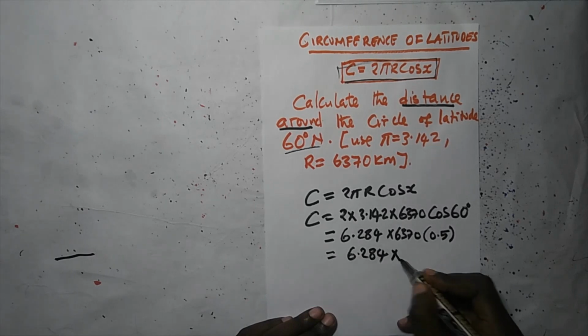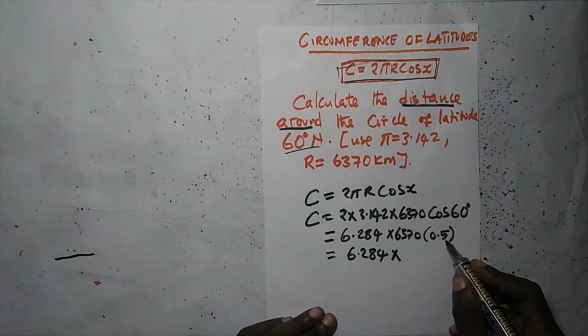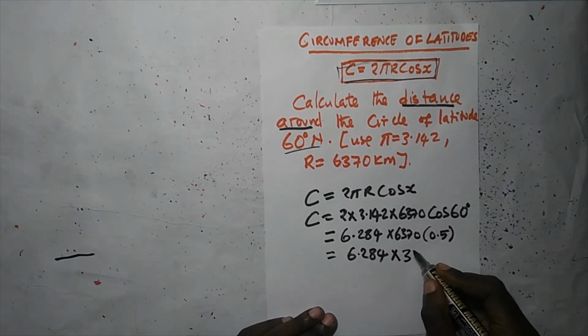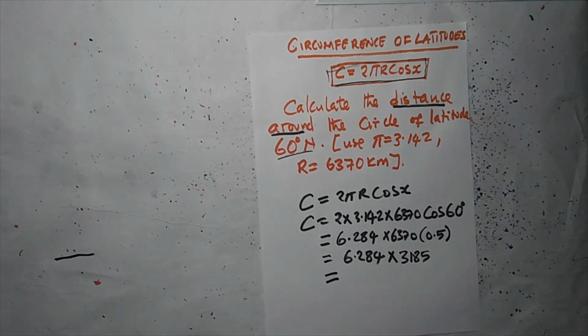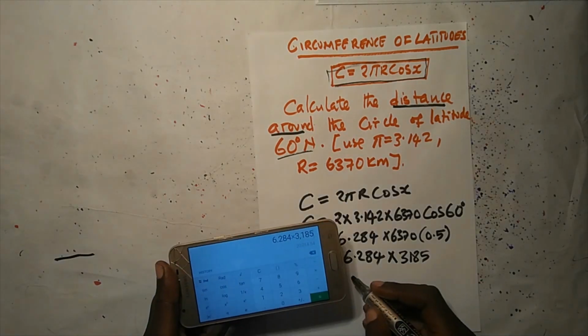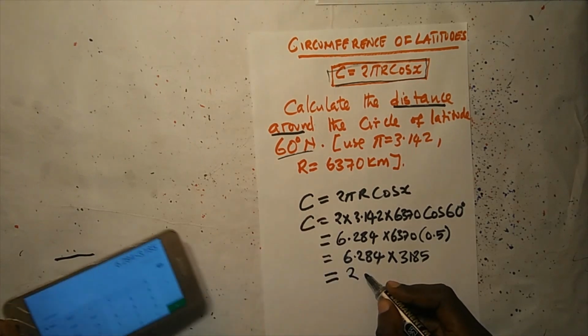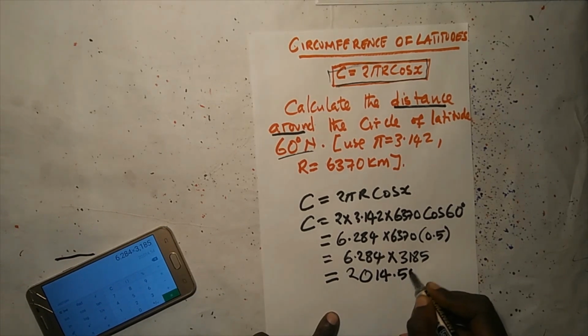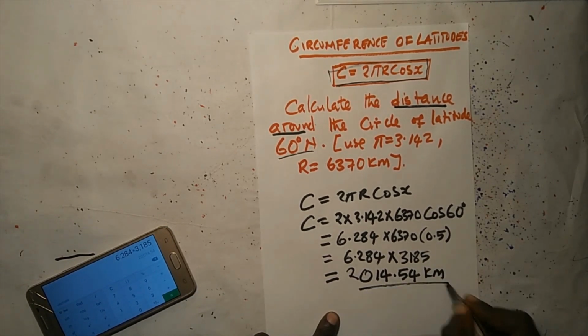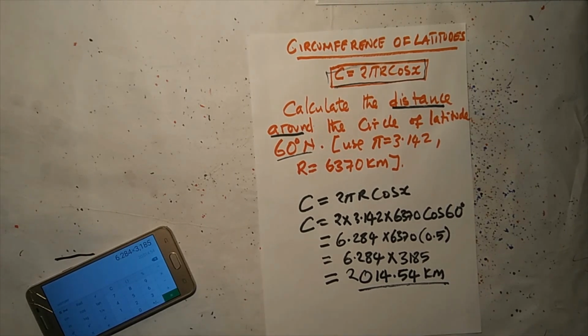When we multiply 6370 times 0.5, we have 3185. Then we use the calculator to multiply 6.284 times 3185, and we get 20,014.54 kilometers. And so this is the circumference of the circle of latitude at 60 degrees. Thank you very much.